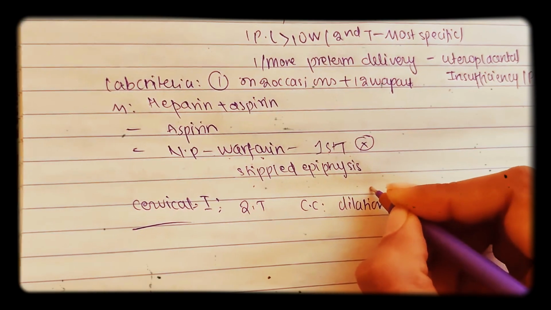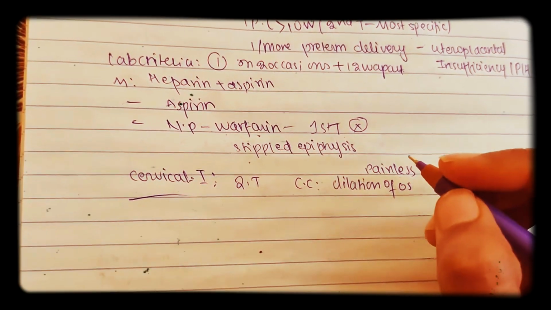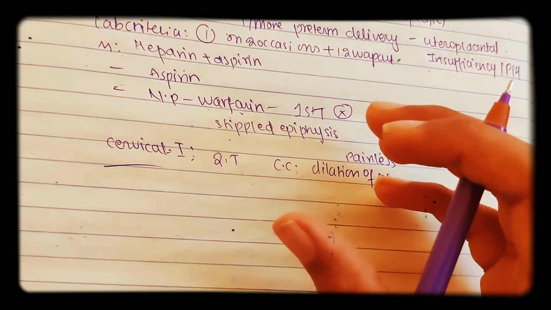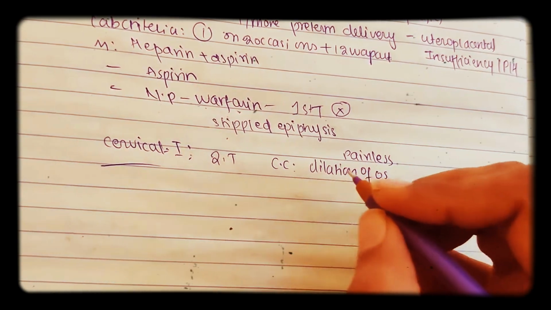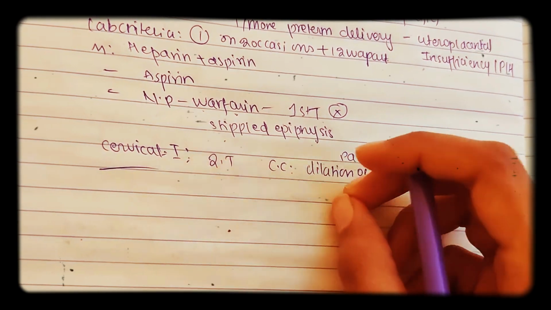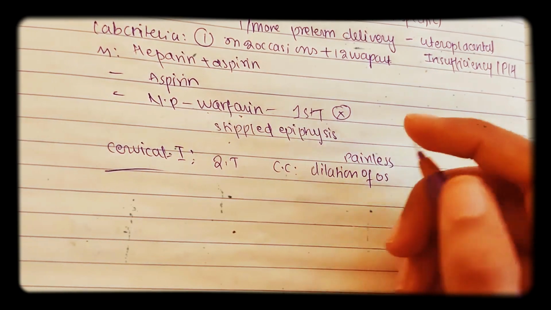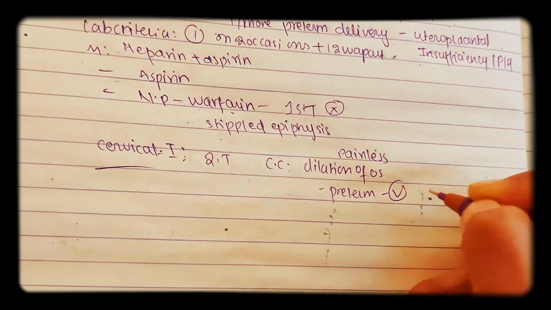You know, in the cervix you have the os, right? Painless is important. There's no pain here. Painless dilation of the os causes rupture of membranes and expulsion of the fetus. Two or more consecutive losses of pregnancy in the second trimester may be seen. Patients with cervical incompetence can have preterm labor more frequently.